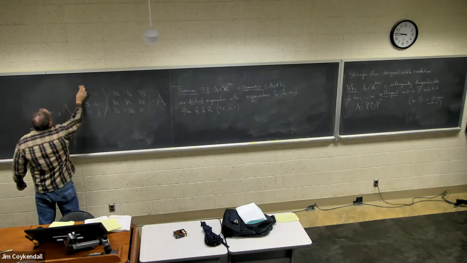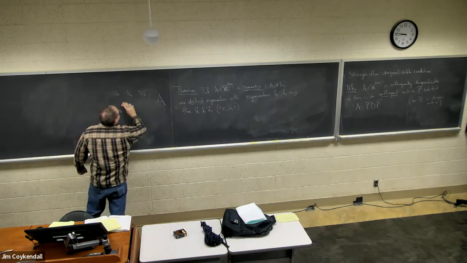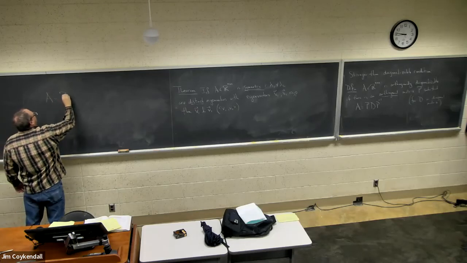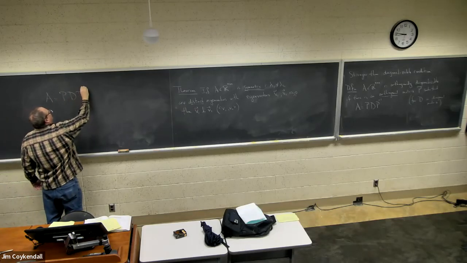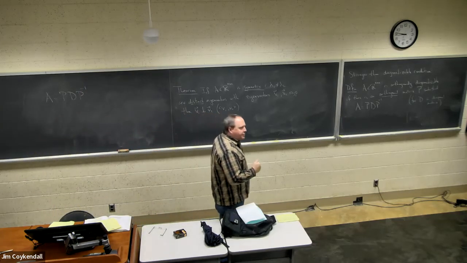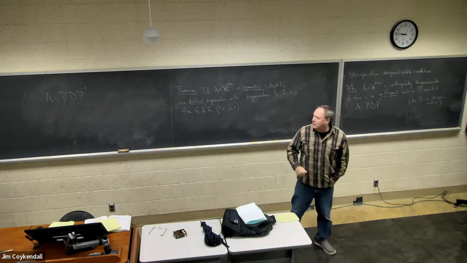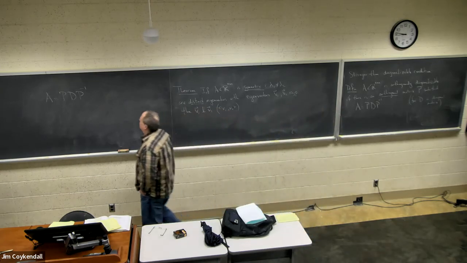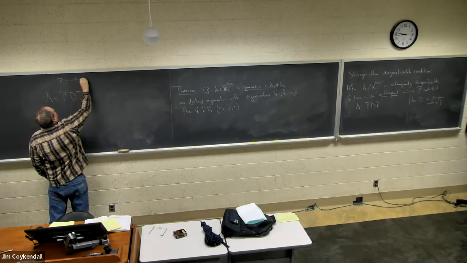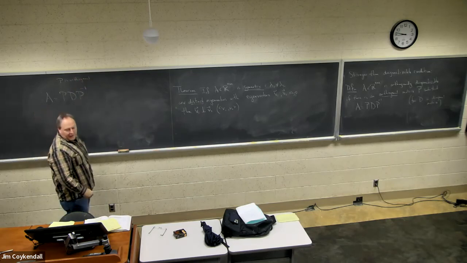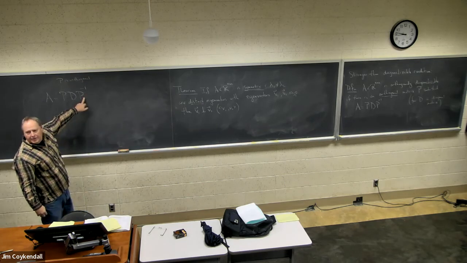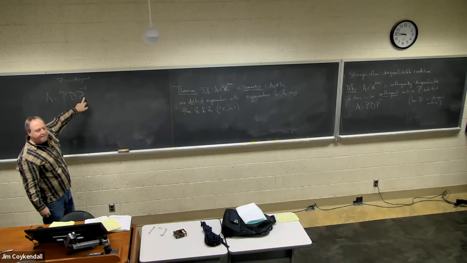So when you can do this, if P is orthogonal, what does it mean for P to be orthogonal, by the way? What's another name for P inverse? It's the transpose. That is correct.